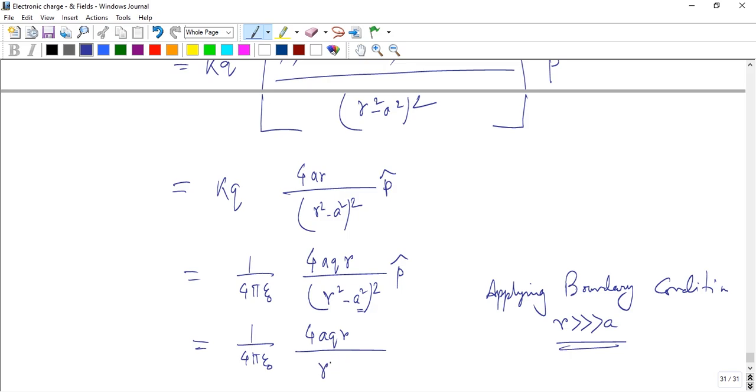Here is R square, and squared it becomes R to the power 4, times P cap.